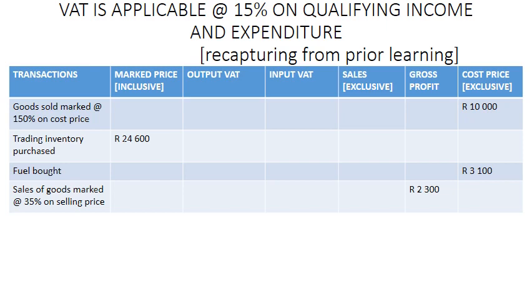To determine these missing figures, we need to analyze information that was given. Goods were marked at 150% on cost price. Therefore, to determine the values that are missing, we will have to use the cost price as our base. Now, the first item that we need to calculate on this line will be sales. Why sales?